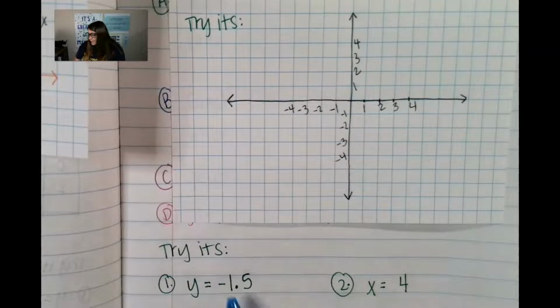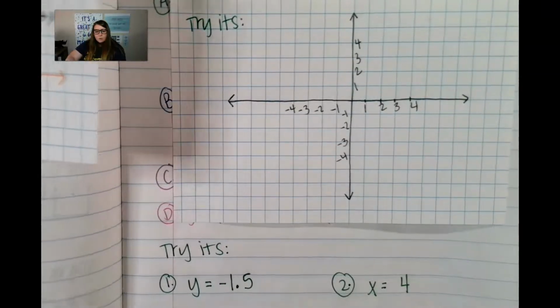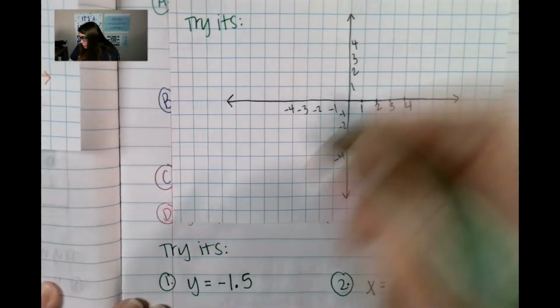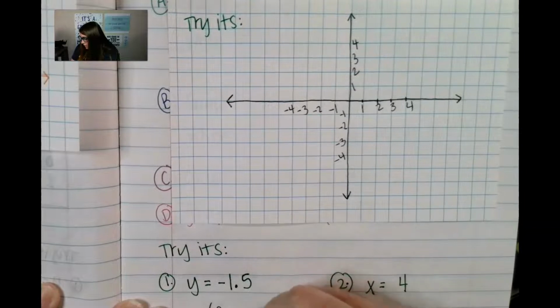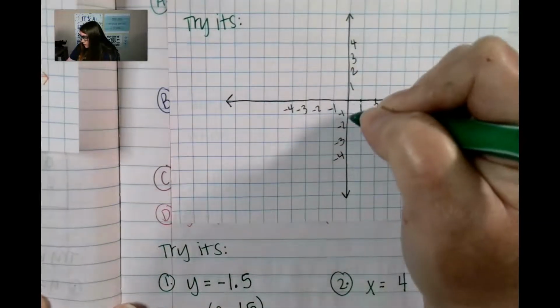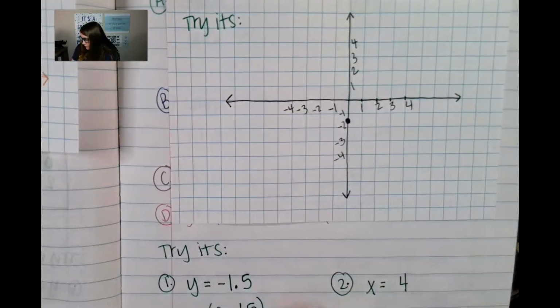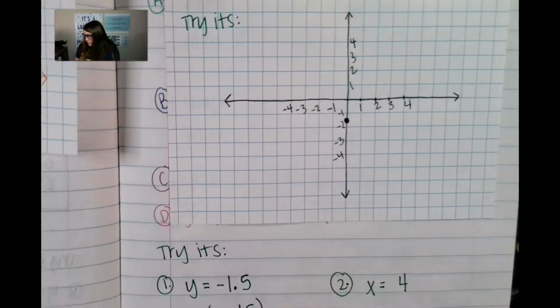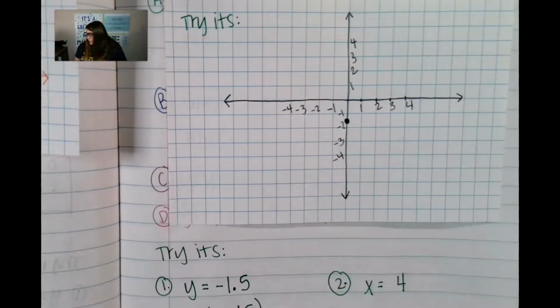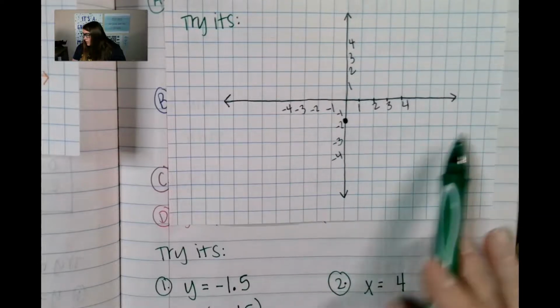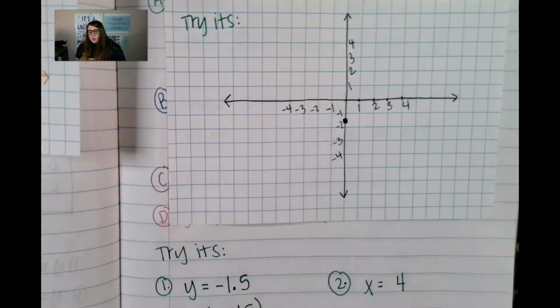Okay, so the first one is y equals negative 1.5. So because it says y, I am going to go on the y-axis, and I go nowhere on x, and I go to negative 1.5. So here, down to negative 1.5, which is right here. This line is going to be a horizontal line, because if I were to put a value in for x anywhere along this line, the y value is not going to change.